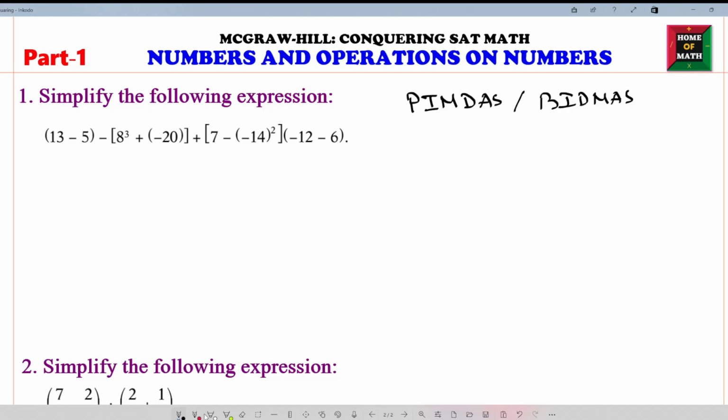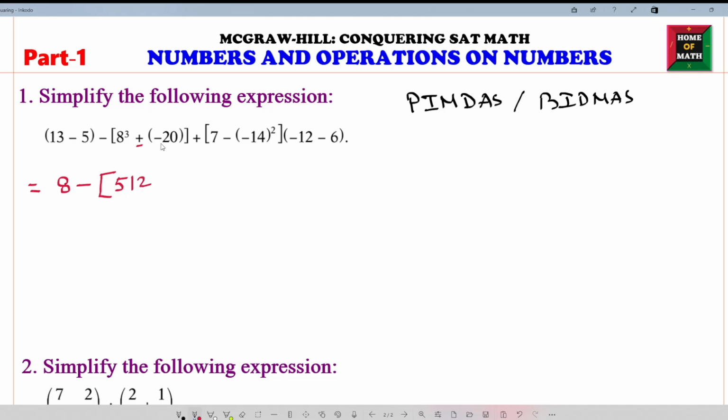Okay, now let's start. As per this rule, first we have to finish the bracket work. Here 13 minus 5 is 8 minus, then the third bracket starts. For indices, 8 cube means 512.